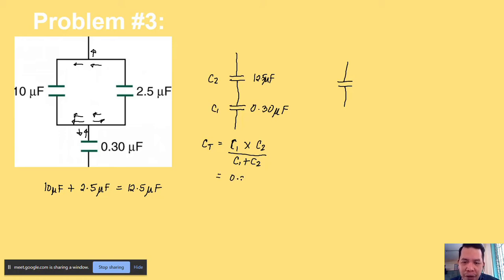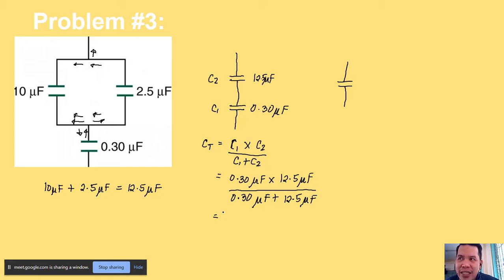Substitution: 0.30 microfarad times 12.5 microfarad divided by 0.30 microfarad plus 12.5 microfarad. Since lahat naman po ng mga given values natin are in microfarad, it is safe to solve our expression without including the microfarad in our calculator.